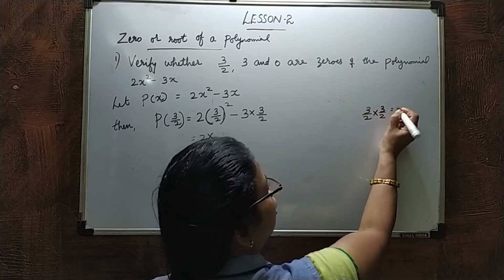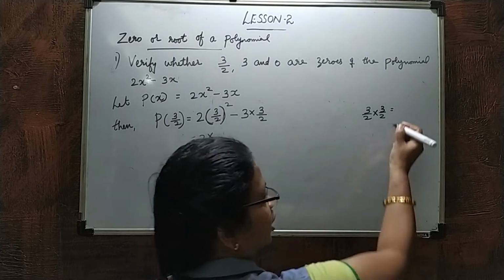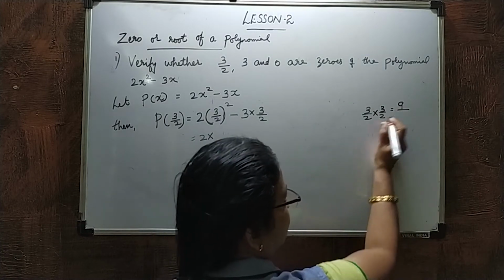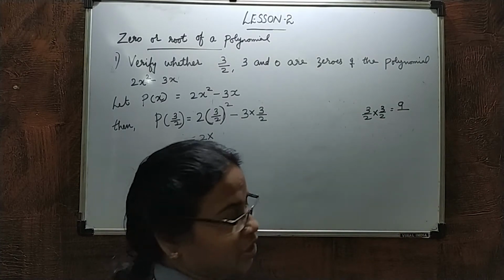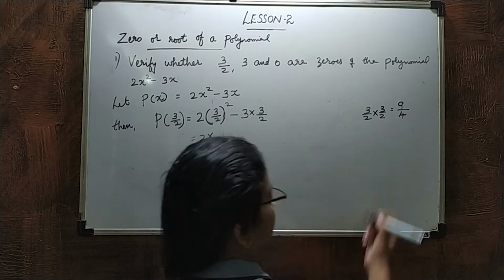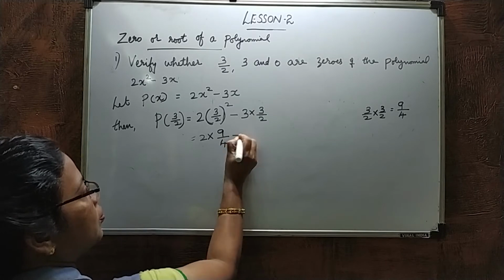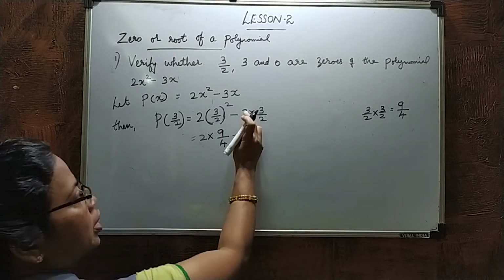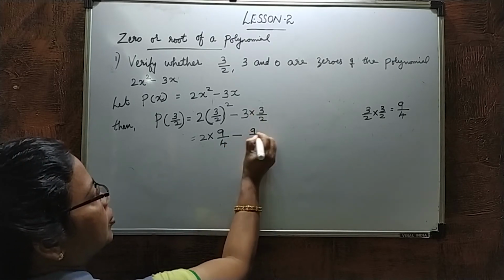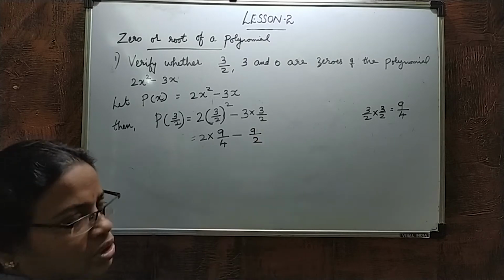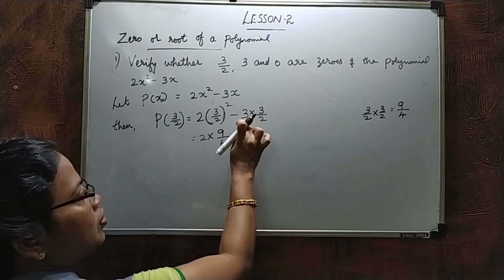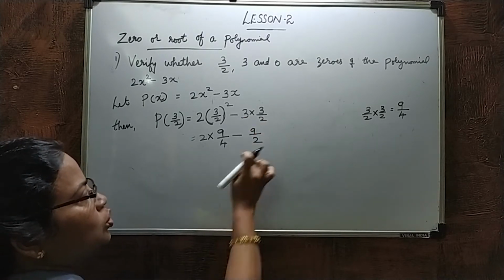What will you get? Numerator to numerator, that means 3 into 3, 9, divided by denominator, 2 into 2, 4. 9 by 4. So here it is 9 by 4 minus. Now numerator, 9 by 2. Clear? Here 3 by 1 is there. That means 1 into 2, 2.